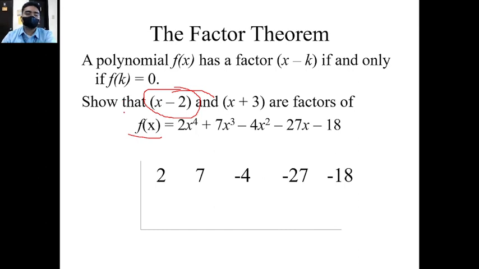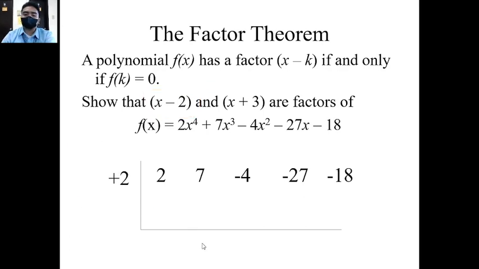So we are going to equate this binomial to 0. What's the equation? X minus 2, we're going to equate that binomial to 0. It will become positive 2. Therefore, we're going to have the divisor of positive 2.